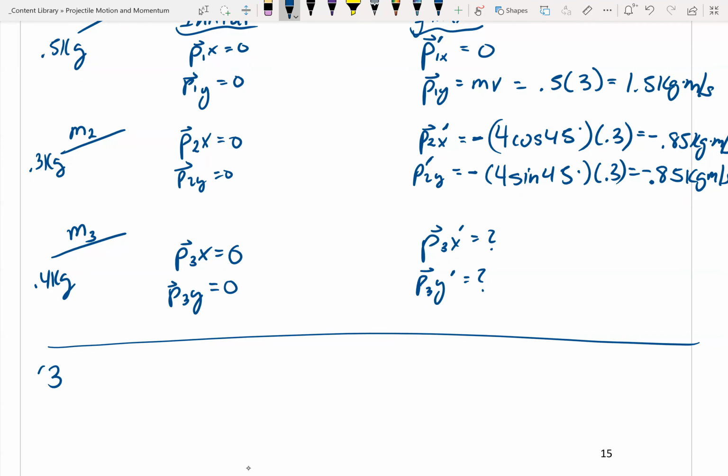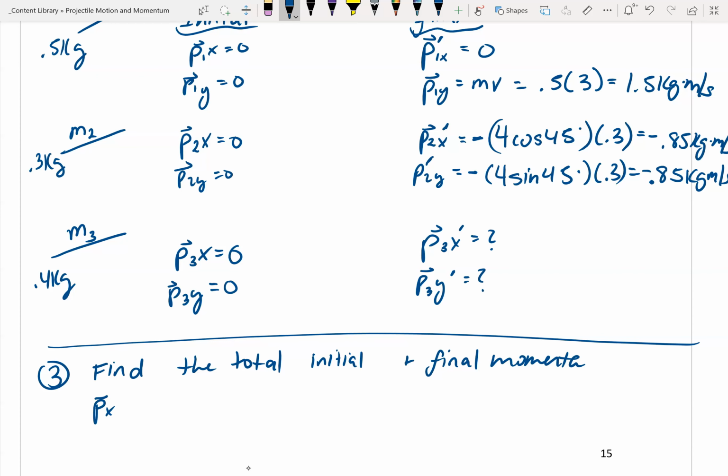So this is our third step. We're going to find the total initial and final momenta. Well, for initial, it's pretty easy because if we add up all of them, we're going to get 0 because P1x is 0.